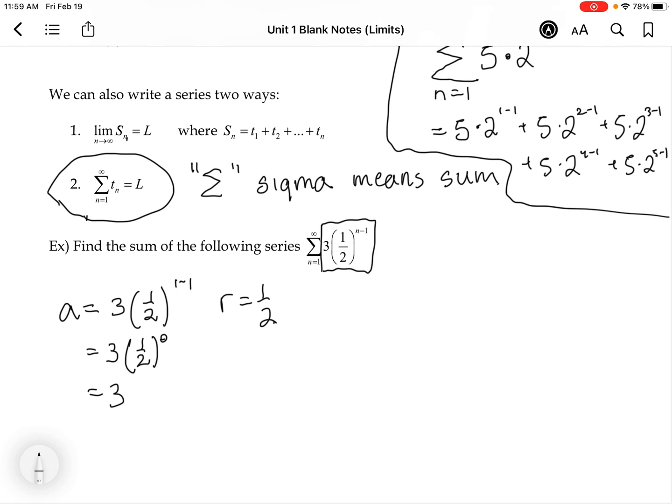Okay, so this will converge because the absolute value of the r value is less than 1. So I can find the sum of this series.